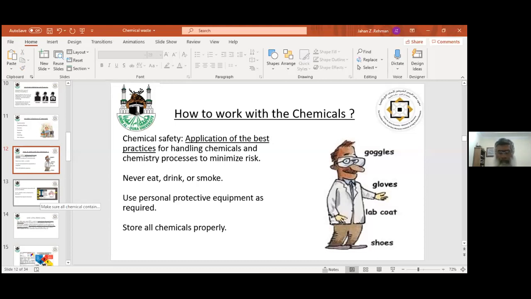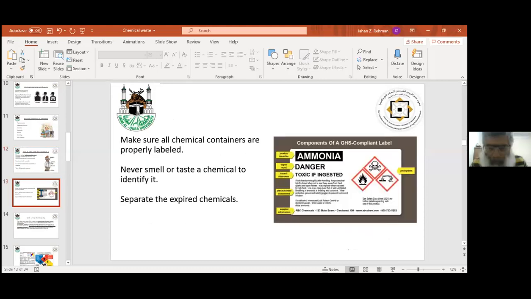Now, how may a new person in the lab know about the chemical inside a container, what chemical is inside the container? Every company, by international standard, puts a mark on the container. I am using the word container, not bottle, because a container might be a bottle; it may be used for liquids or for solids.